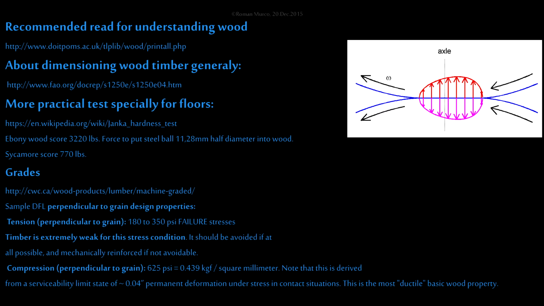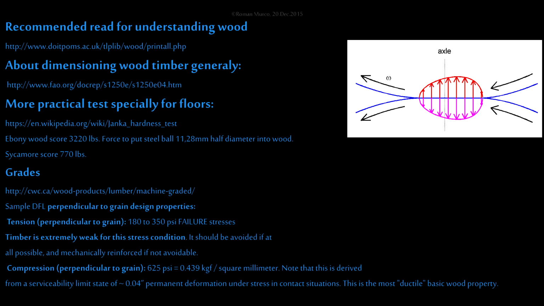There are different ways to test the hardness of wood, but we can take compression perpendicular to grain limit as important for us. It's always lower than compression parallel to grain, because trees are growing up and need to deal with the wind.